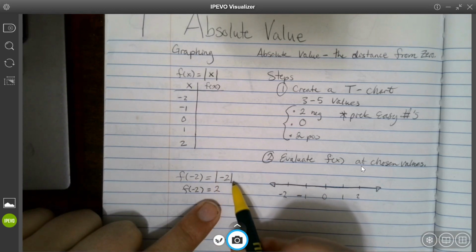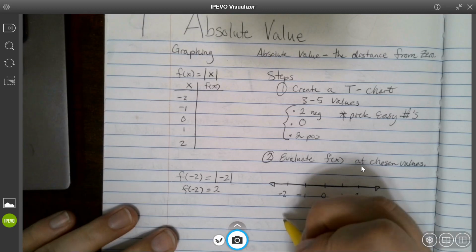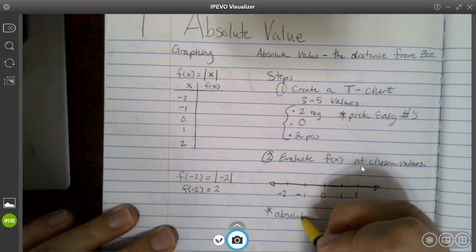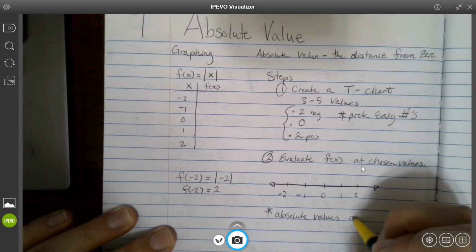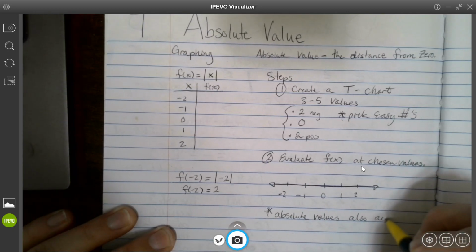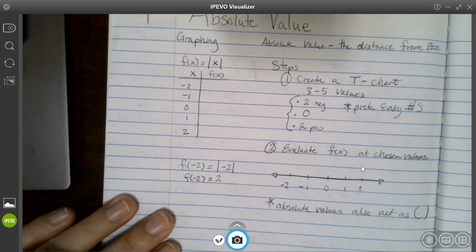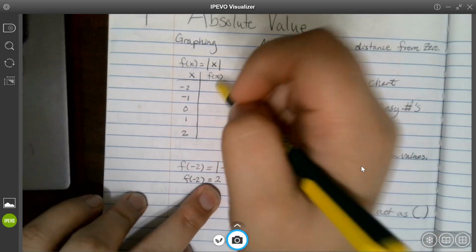Absolute value signs act as parentheses. So maybe we should write that down. They also act as parentheses. So I've got 1 point.